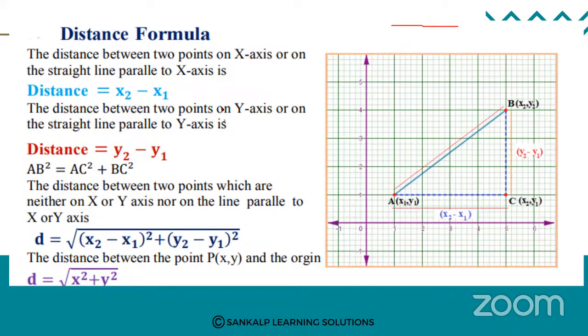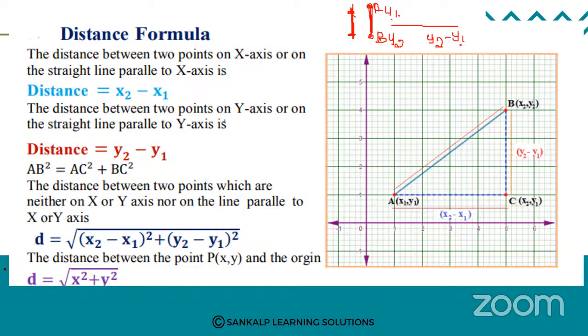If the distance is between 2 points on the y-axis or on a straight line parallel to the y-axis, here there is a point, here there is a point. This is point A, this is point B. We have to find the distance from this point to this point. Then see, this is y2 and this is y1. So then it becomes y2 minus y1, right?